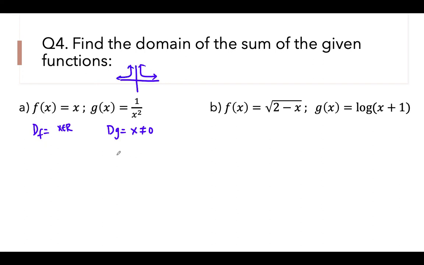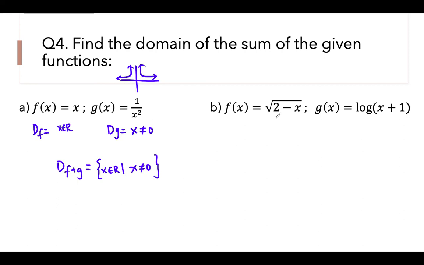Okay. So if I were to combine them, the domain for f plus g is going to be any real number except 0. So you could say x can be any real number such that x cannot be 0, and that's it. That's where the two graphs will overlap.